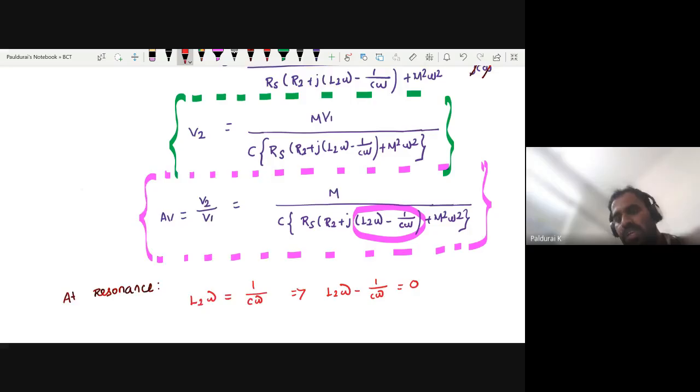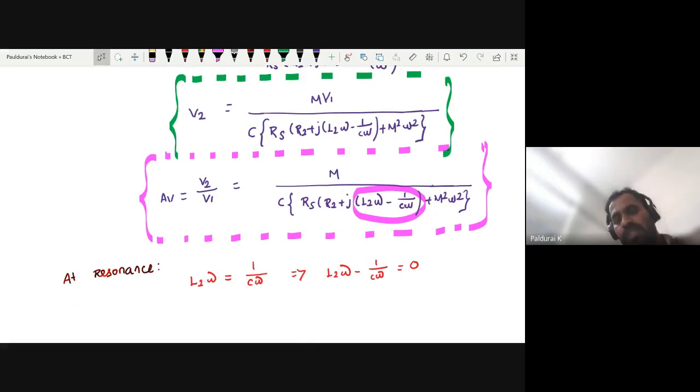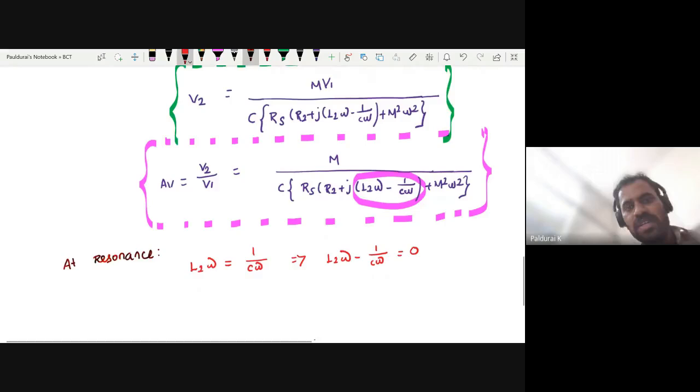So substitute this, then you will get the output voltage at resonance. It's very important.